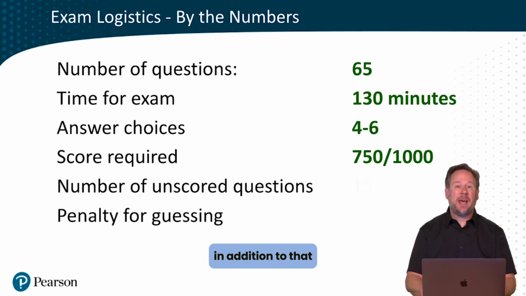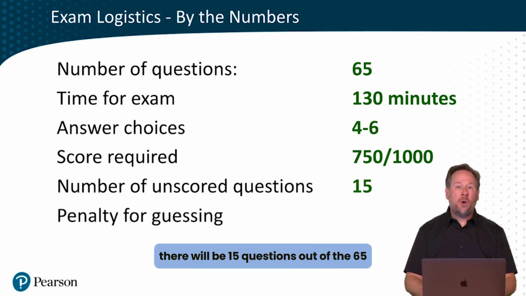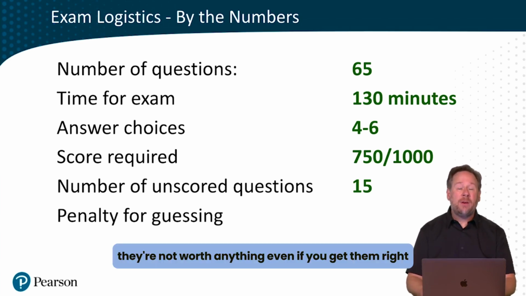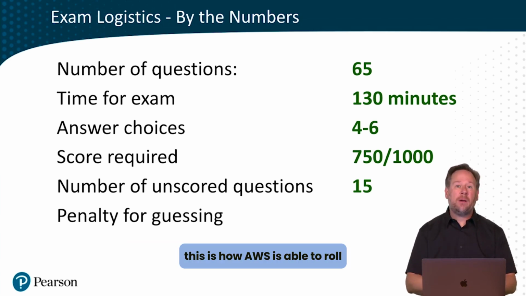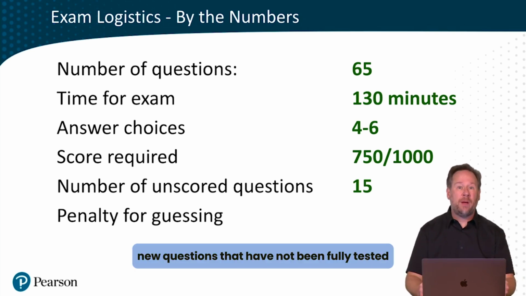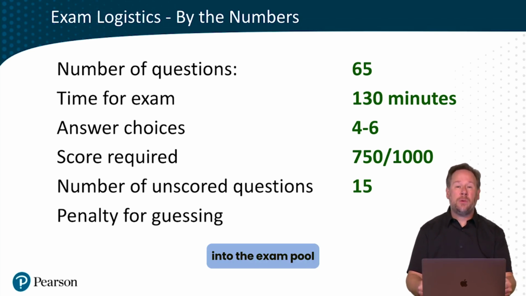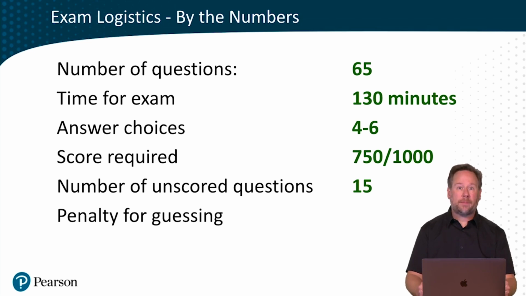In addition to that, there will be 15 questions out of the 65 that are not scored at all. They're not worth anything even if you get them right. This is how AWS is able to roll new questions that have not been fully tested into the exam pool.